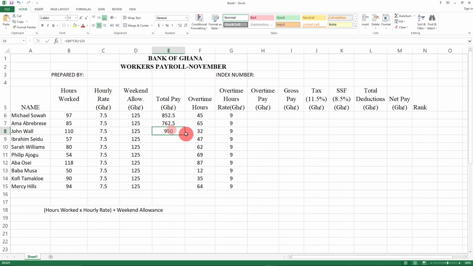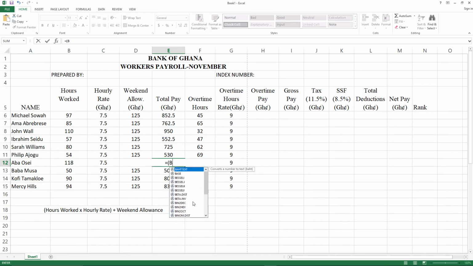If you don't understand anything, just let me know in the comment section and I will explain it to you. So you can do it. This one, we got 10. Let's see whether it's true. So equal, and then we are doing for ABBA. So equal B12 by C12.